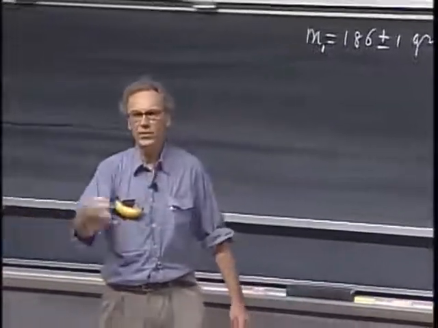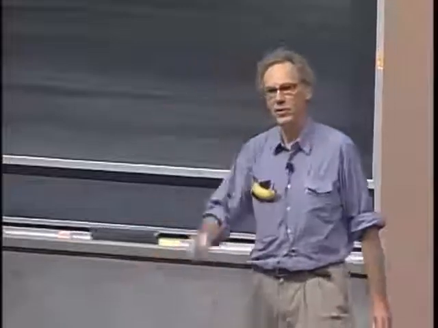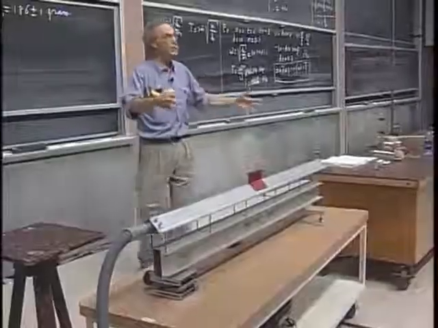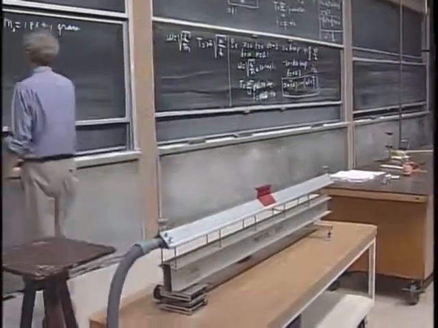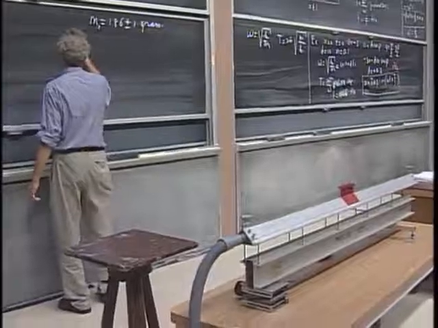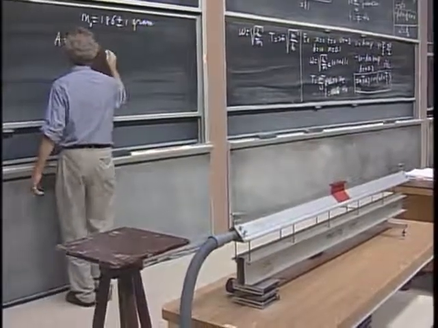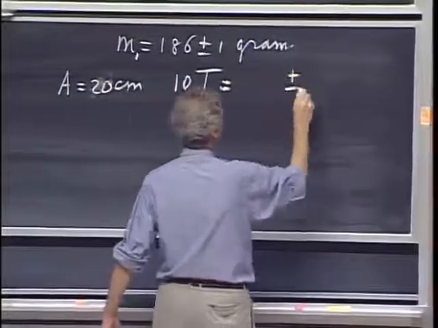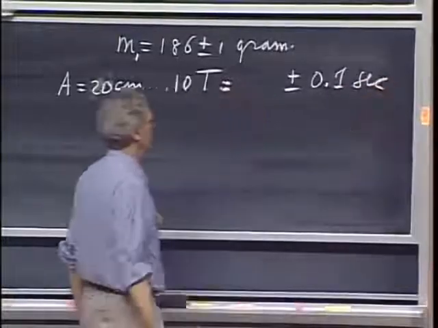I'm going to oscillate it, and we're going to measure the period. But instead of measuring 1 period, I'm going to measure 10 periods, because that gives me a smaller relative error in my measurements. So I'm going to do it at an amplitude of 20 centimeters. I get 10T, I get a certain number, and I get an error, which is my reaction error, about a tenth of a second.